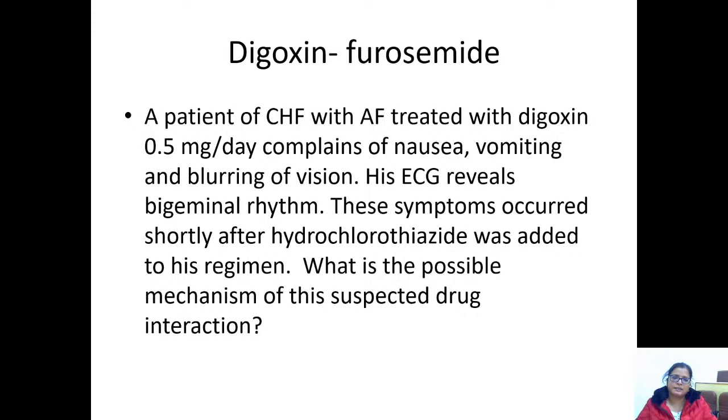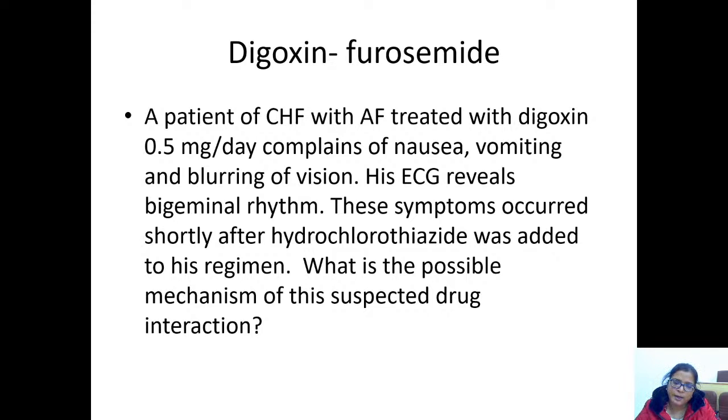Now the second question: a patient of congestive heart failure with atrial fibrillation treated with digoxin 0.5 milligram per day complains of nausea, vomiting and blurring of vision. His ECG reveals bigeminal rhythm. These symptoms occurred shortly after hydrochlorothiazide was added to his regimen. What is the possible mechanism of this suspected drug interaction?